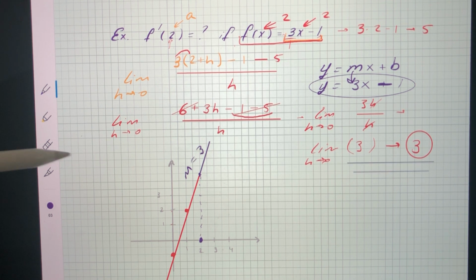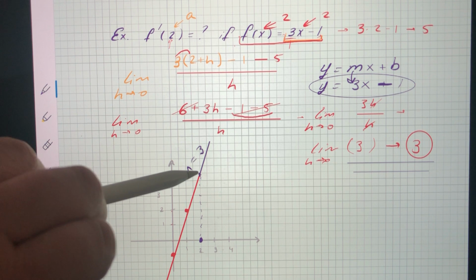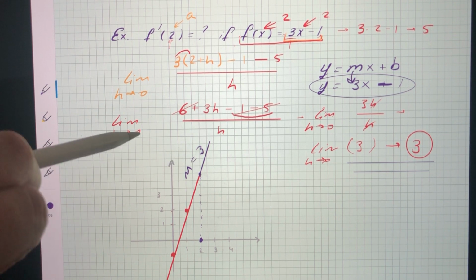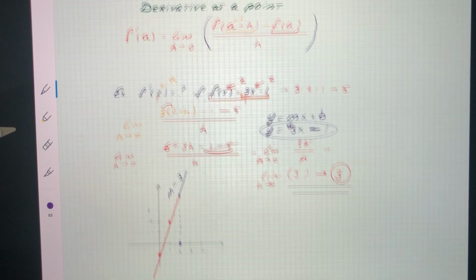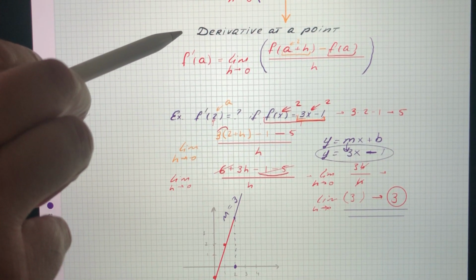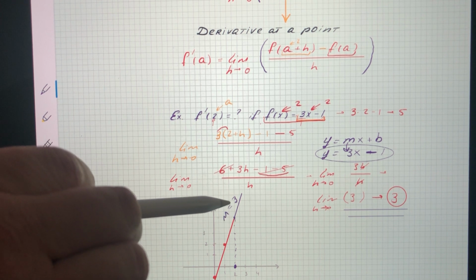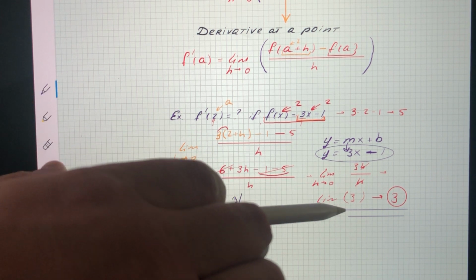And visually, that is true because it's not a curve, it's always straight, it's always the same. No matter which x we choose, the slope is always 3. And so this is what our definition told us. The derivative, remember, is the slope at a point. So what is the slope at 2? The slope is 3. And that's what this tells us.